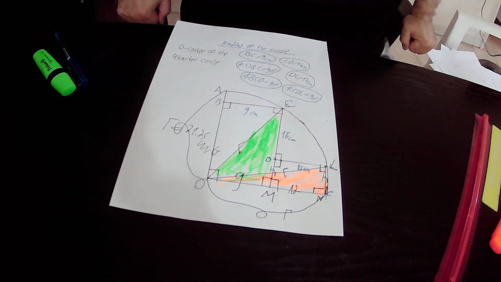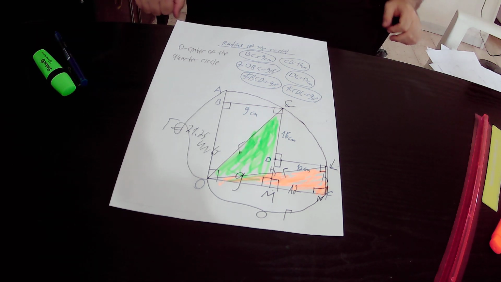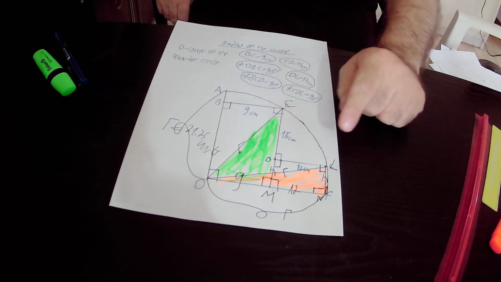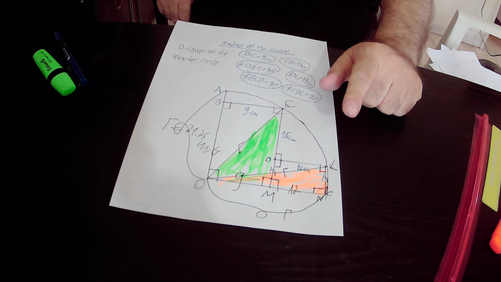Okay, then we extended the straight line CD by a straight line, and the result is CM. When you extend a straight line by a straight line, the result must be a straight line.